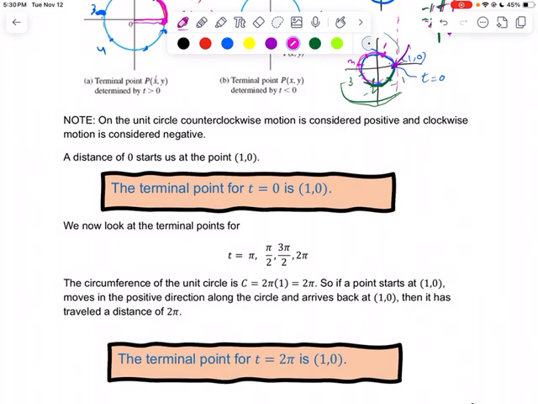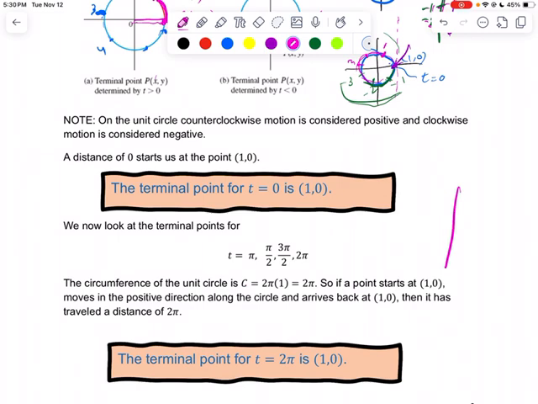Because pi is irrational, so any multiple of pi will be irrational. But it's very easy to figure out the terminal points of these real numbers, these values of t. So how do we do that?